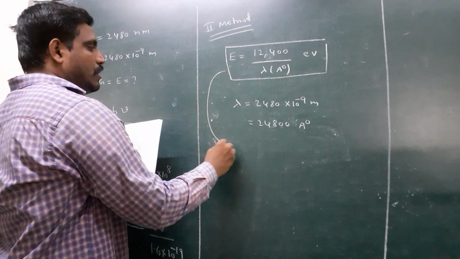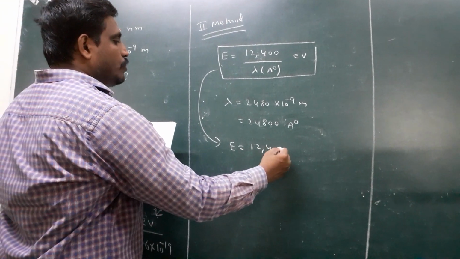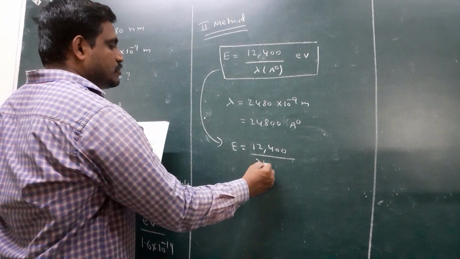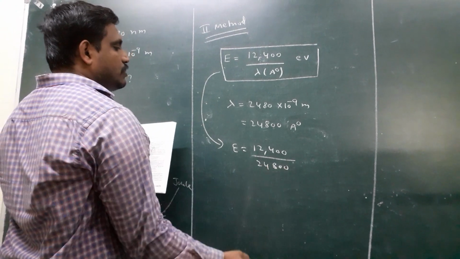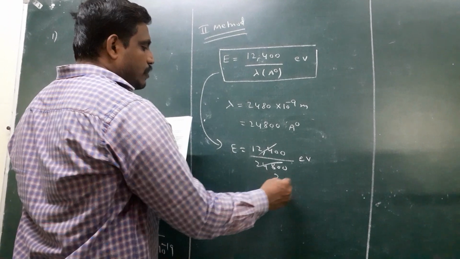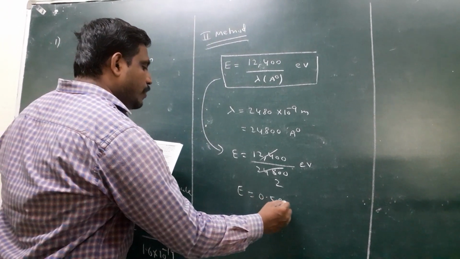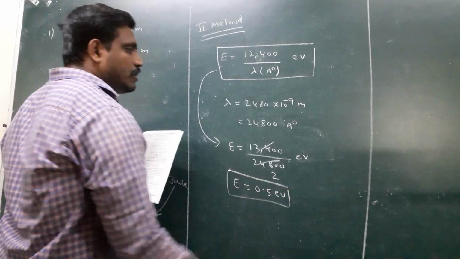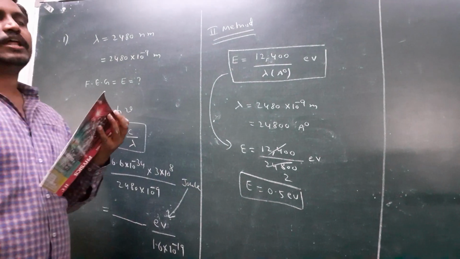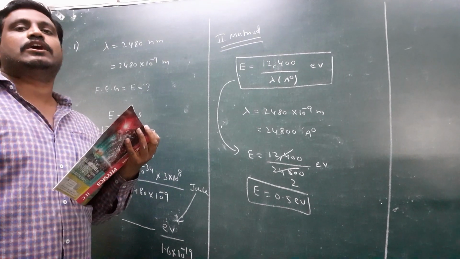So E equals 12,400 by 24,800. 12,400 is half of 24,800, so 1 by 2 value is 0.5 eV. This is the shortcut method to solve the energy. The given data is wavelength, taken as angstroms.